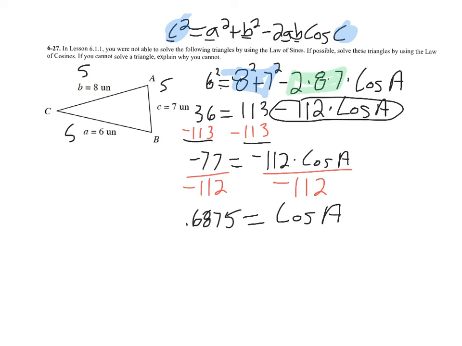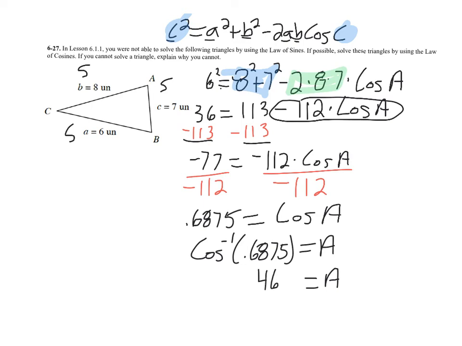Take the inverse cosine, so A equals the inverse cosine of 0.6875, and angle A comes out to be 46.57 degrees. So let's label that or think of that as 46.57 degrees.